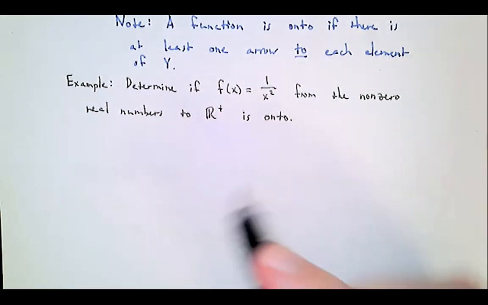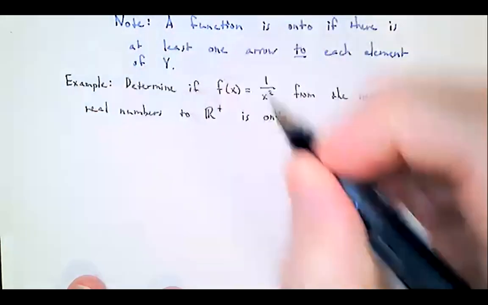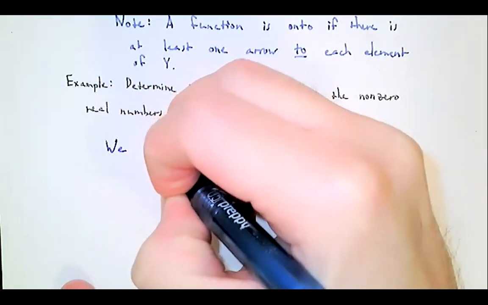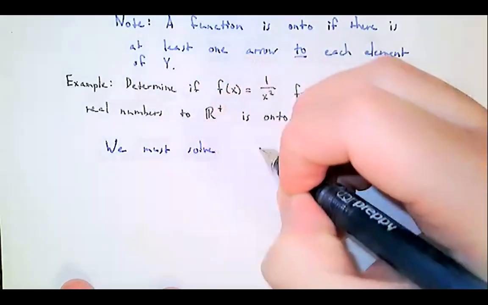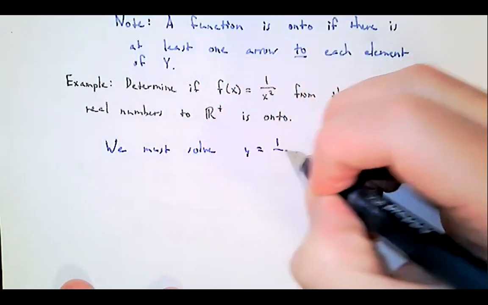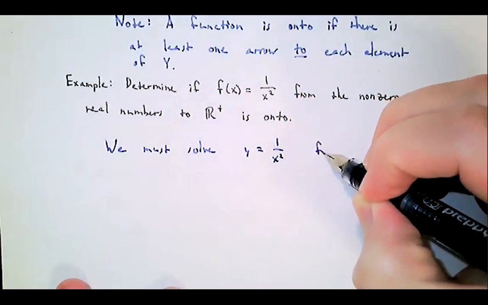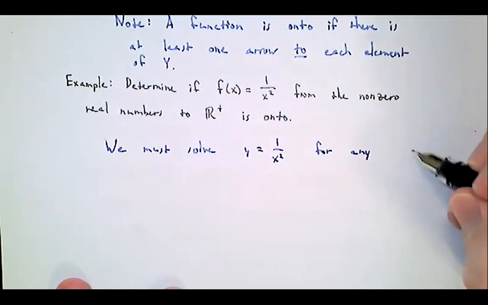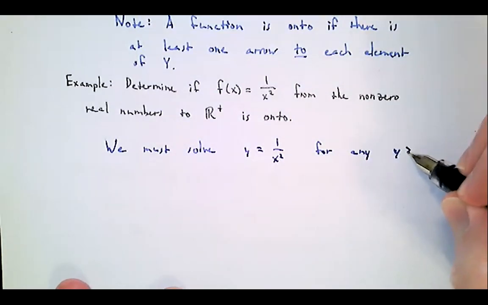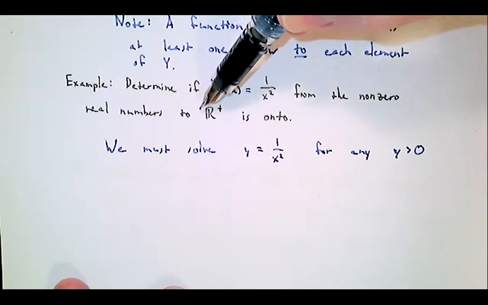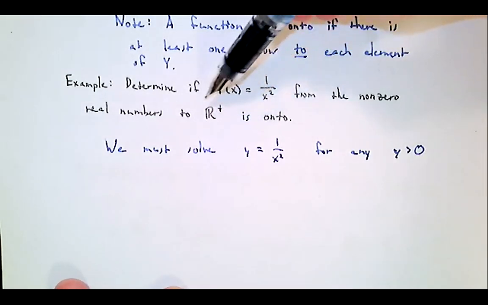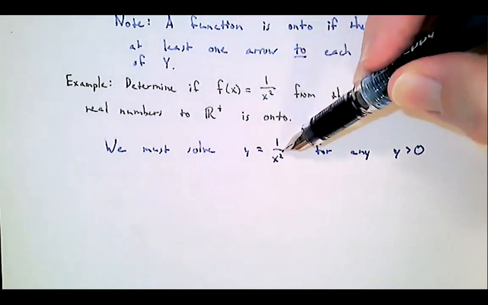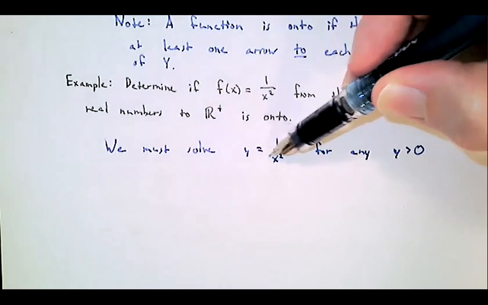So if we want to say it's onto, we have to say that there's a solution to this equation for any positive y. So I'm saying for any positive real number, I can find something to plug in so that this is equal to y.